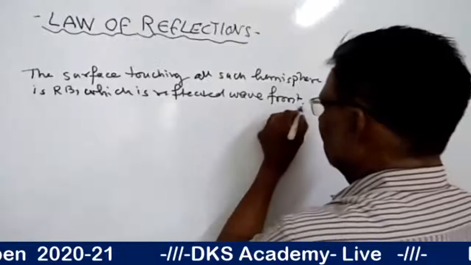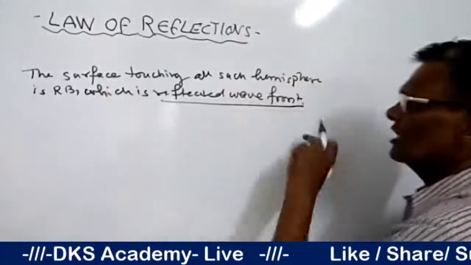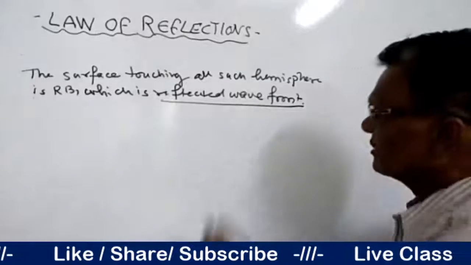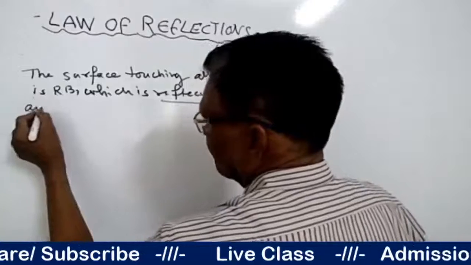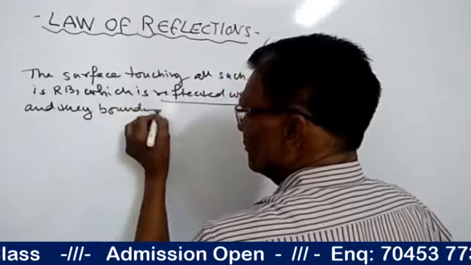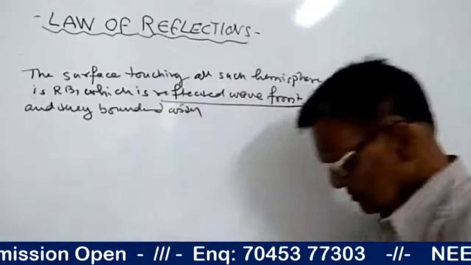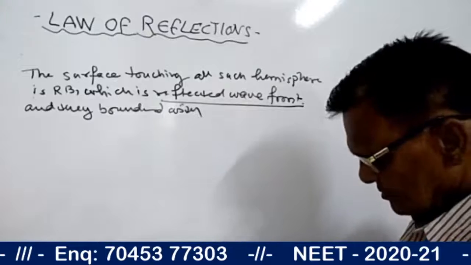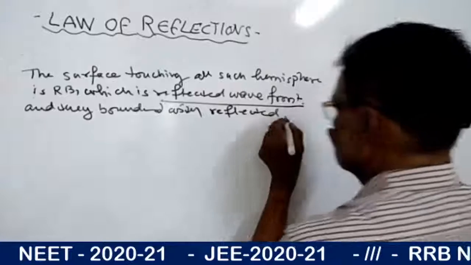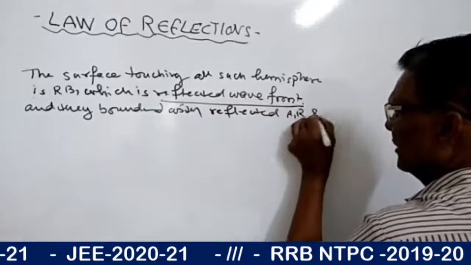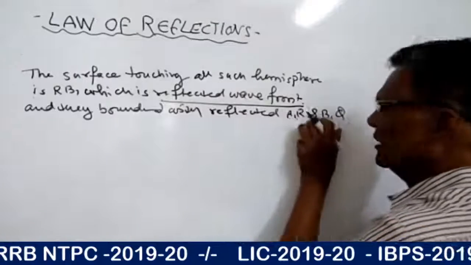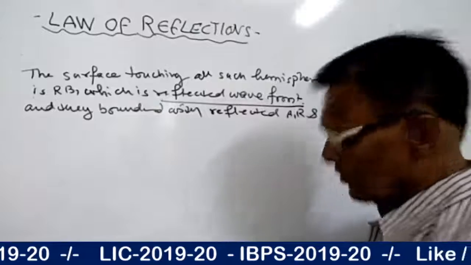So we are getting the reflected wavefront with the help of those hemispheres, and they are bounded with reflected rays A1R and B1Q. So in between two reflected rays, we are getting the reflected wavefront.